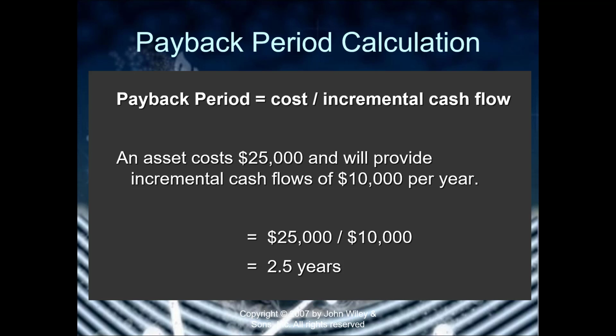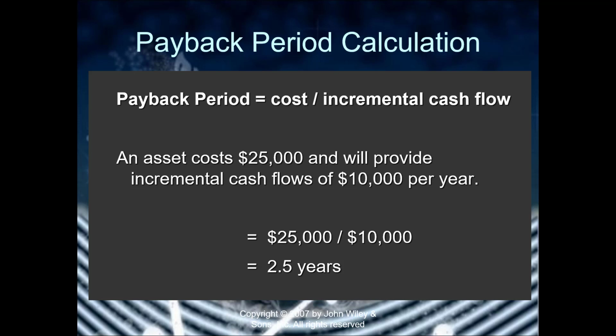And it will provide incremental cash flow of $10,000 per year, okay? That could be, in some cases, additional cash flow, or in the example I just gave you about the dish machine, it could be a savings of payroll. So instead of having to have two people run the dish machine, we only have one.